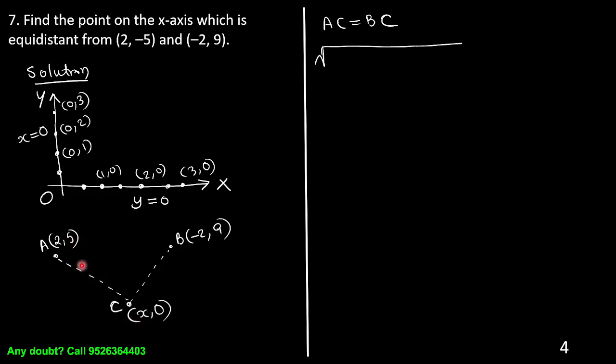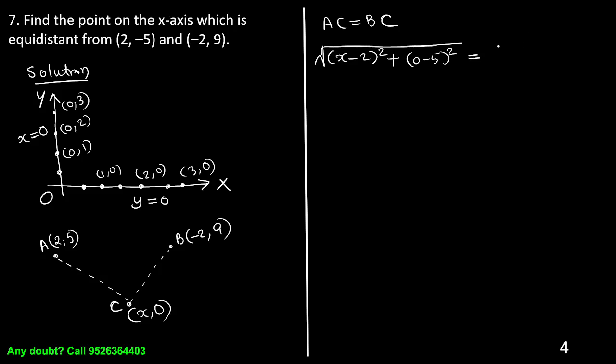Distance formula. So AC will be root of (x minus 2) all square plus (0 minus (-5)) all square. Using distance formula, AC is written.